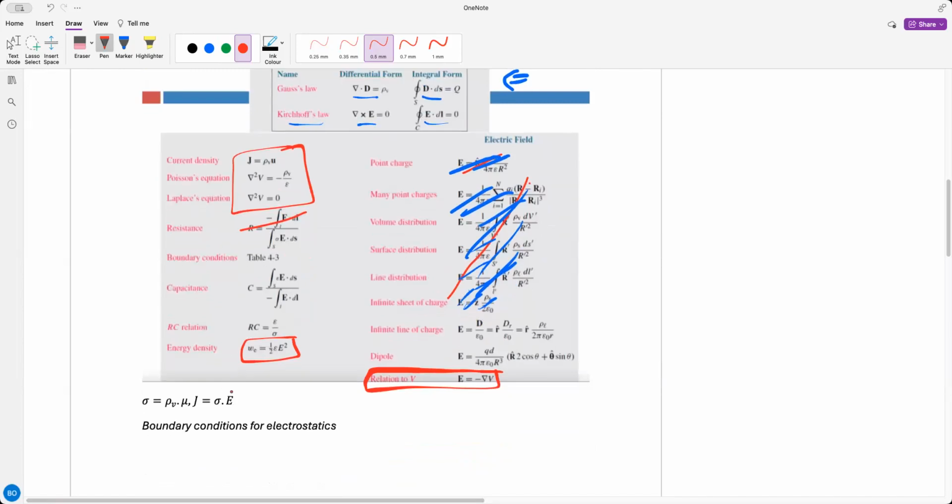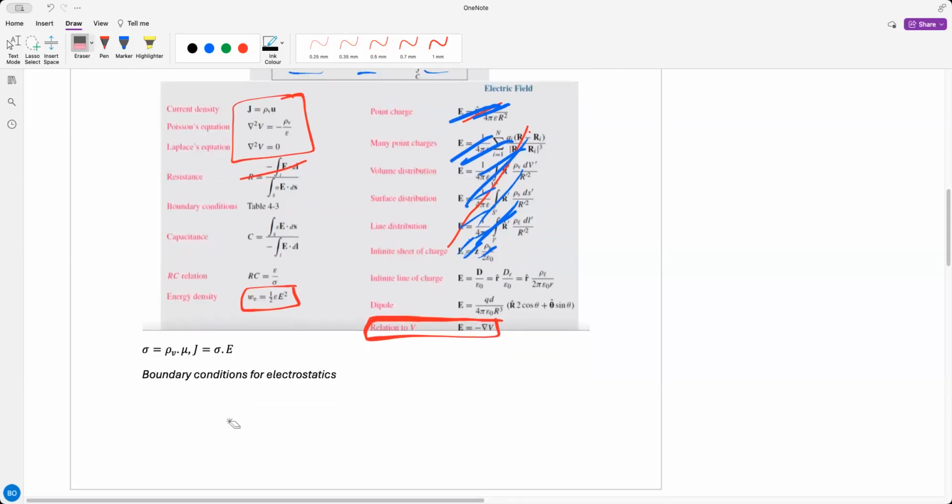This is also very important, the relationship between the conductivity and mobility. This is mobility and the volume charge density, and also the current density, the relation between the current density and the conductivity of the material and the electric field. So this is something that I would give.